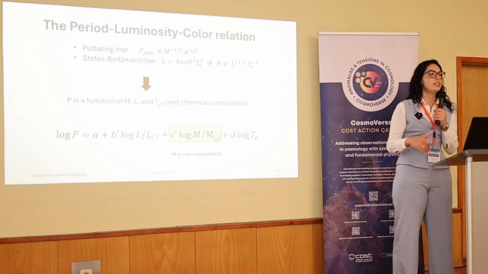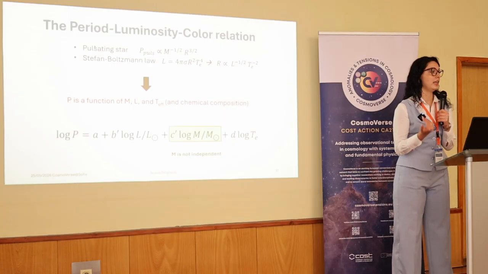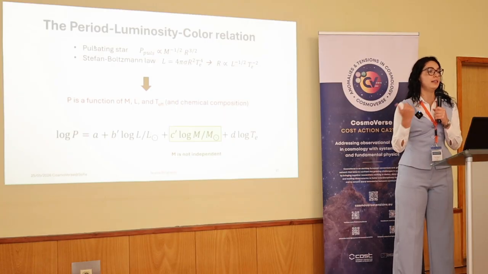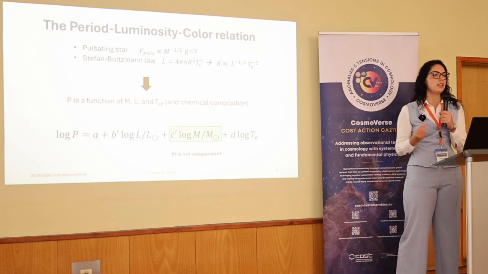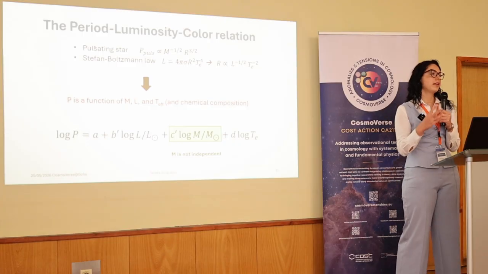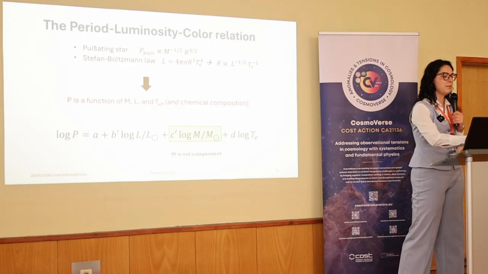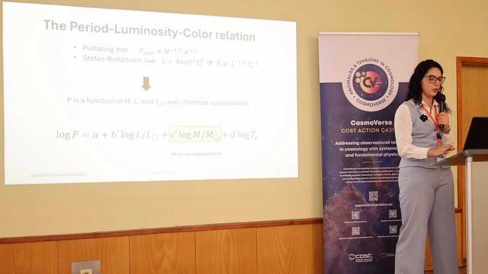Indeed, for pulsating variable stars, mass and luminosity are linked, because as we will see later, mass is the important key that tells the star when it can start to pulsate. Since the mass is not independent, we can take it together with the luminosity.